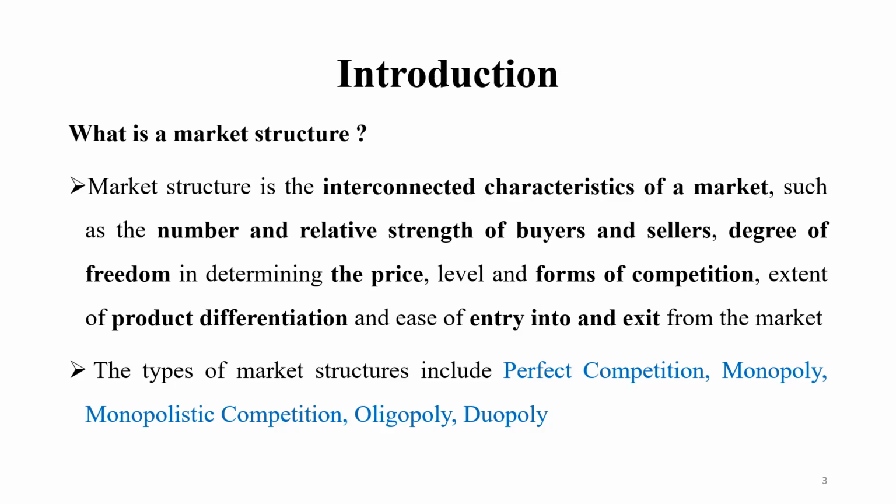So when we are identifying different market structures, we are concerned about these criteria: the number of sellers in the market and the relative strength of those people. Being a single seller or two sellers in the market, what sort of ability, what sort of power do they have to influence price, to determine price?